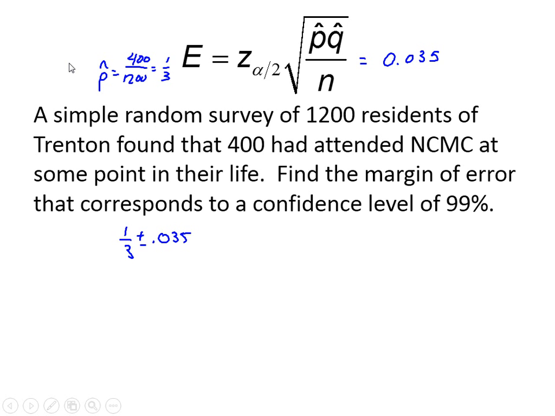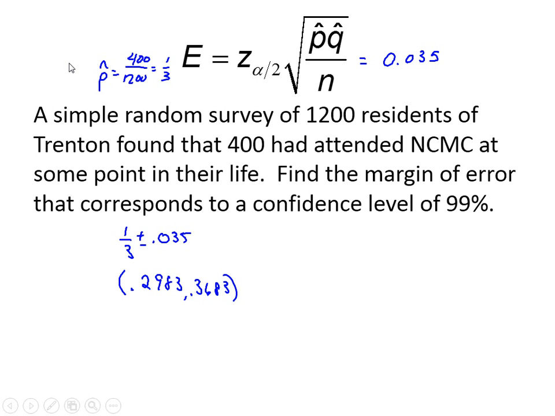So what would be my lower limit on my confidence interval? If I took my 1/3 and subtracted 0.035, we're going to get 0.2983. My upper limit would be 0.3683.